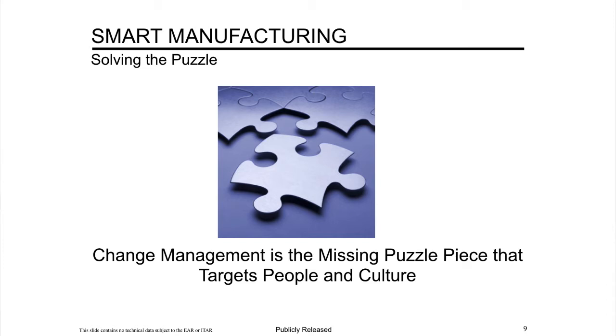It does you no good to have a digital transformation strategy without a change management strategy that starts the process up front. So I need to have a vision. What is Industry 4.0? What does that mean to me? How do I fit into the puzzle? What does that strategy look like?